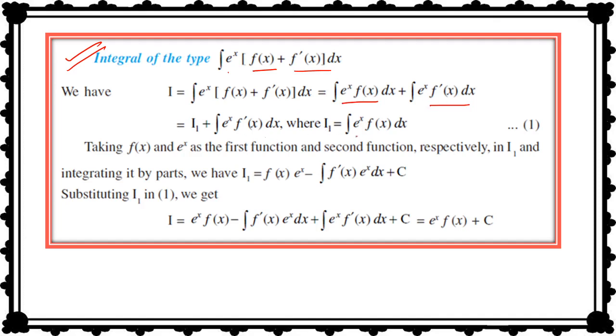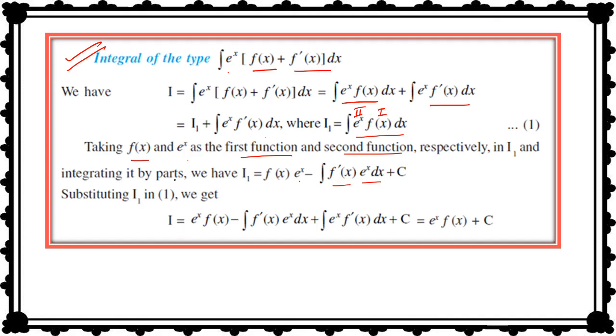And now let's talk about I1. Here we are taking f x and e power x as first and second function. Exponential function we know is always last, so it is the second function, and we are taking f x as the first function and applying integration by parts. First integral of second minus integral of derivative of first into integral of second.